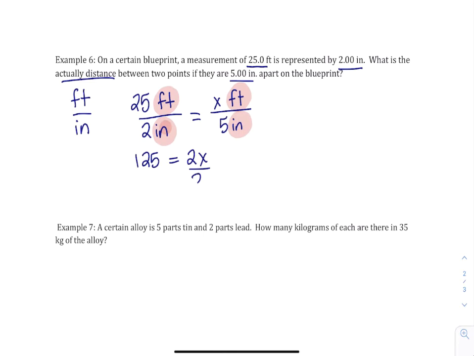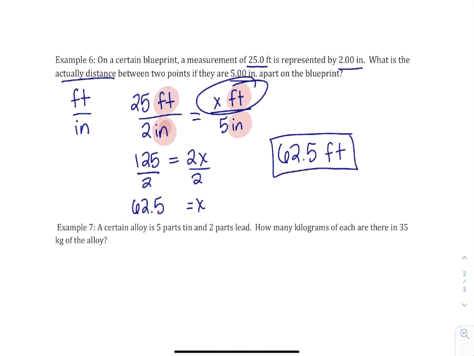We can divide both sides by 2, and so our final answer is 62.5. Now this one, the units are important, so we would want to make sure that we include our units in the answer. We were looking for the unknown number of feet, and so this represents 62.5 feet.